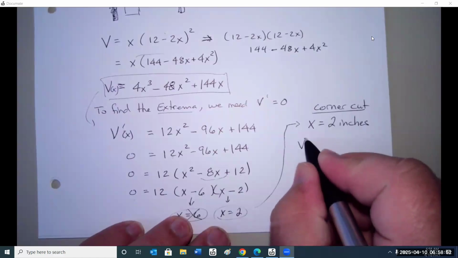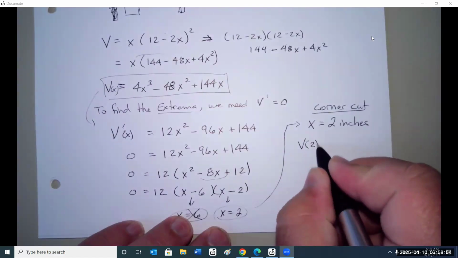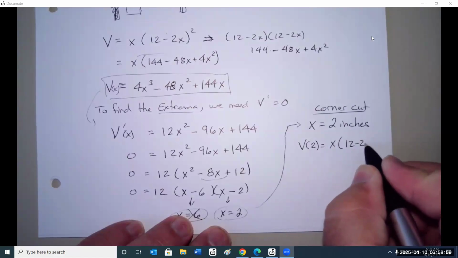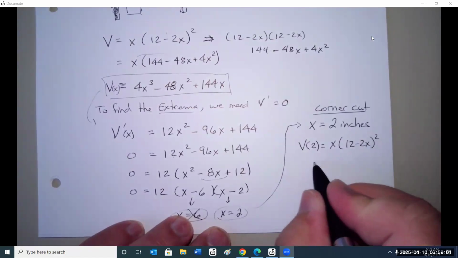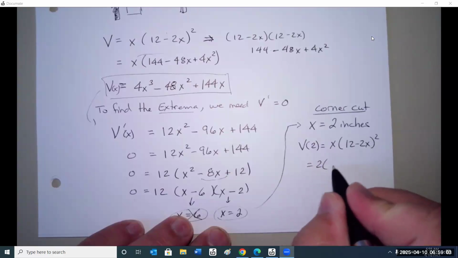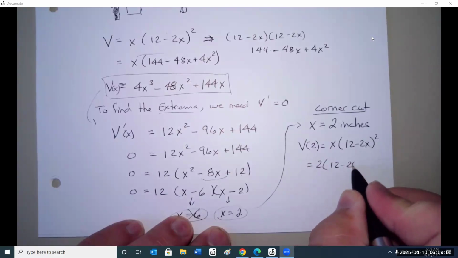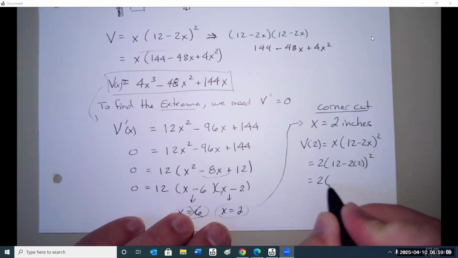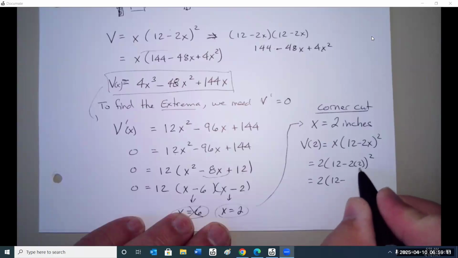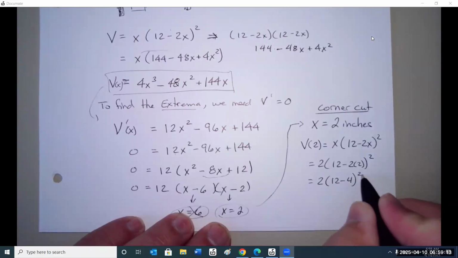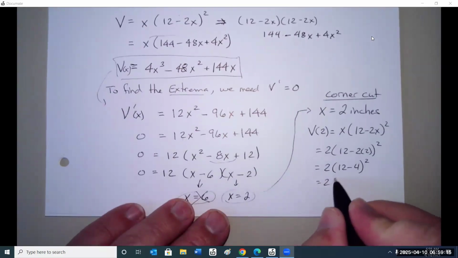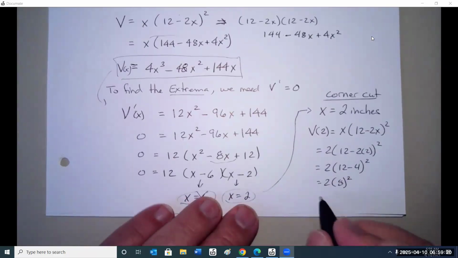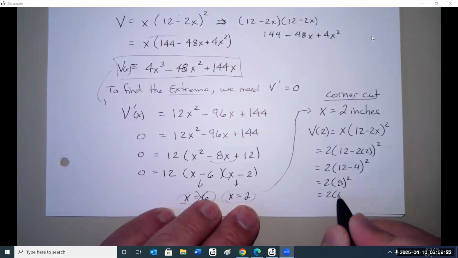So the volume when x is 2 will be x times 12 minus 2x, squared. 2 times 12 minus 2 times 2, squared. 12 minus 4 squared. 12 minus 4 is 8. 8 squared is 64.